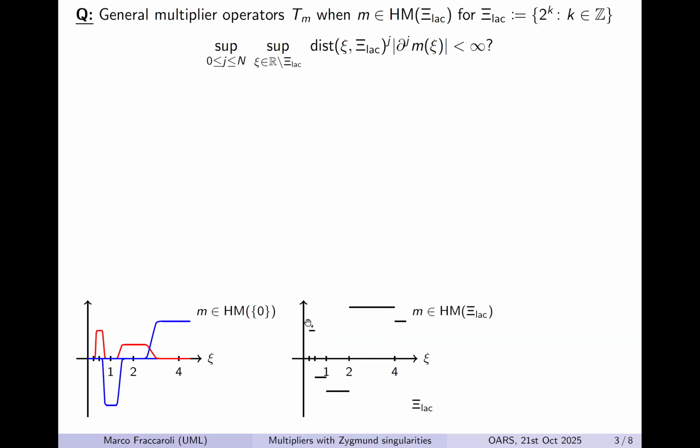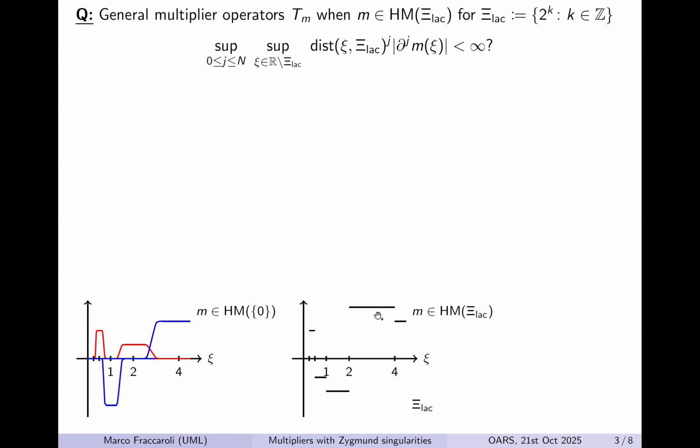If I sum them, the sum that I obtain is something like this. The new function m is going to be constant on certain intervals, but it's going to have certain jumps away from the origin. You could ask what kind of LP estimates or endpoint estimates I can expect for such a multiplier.